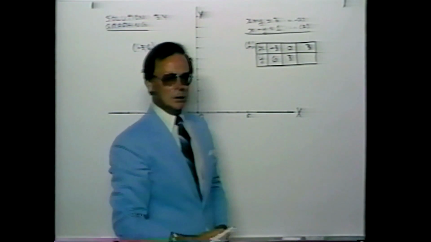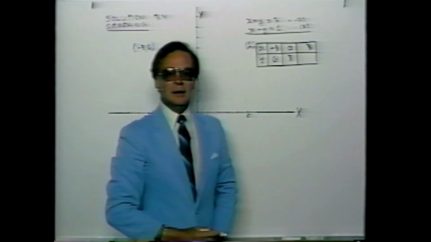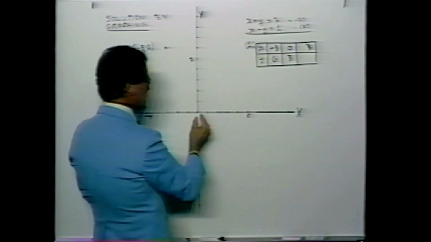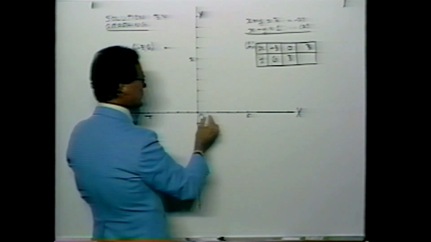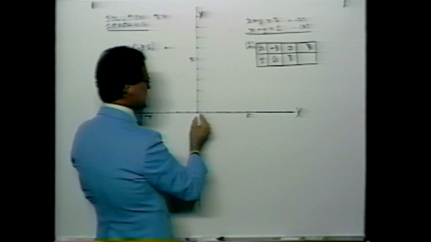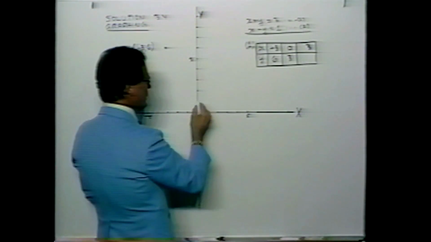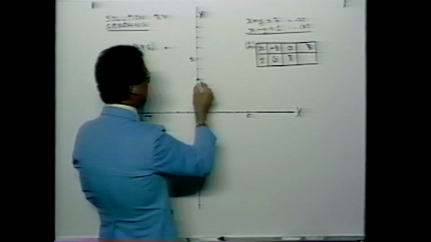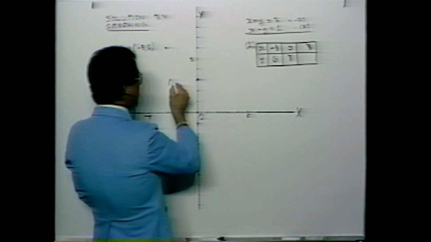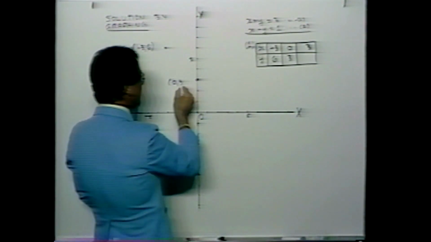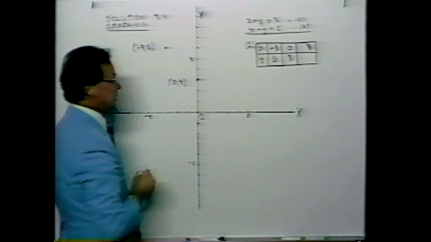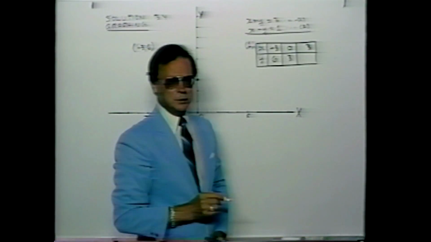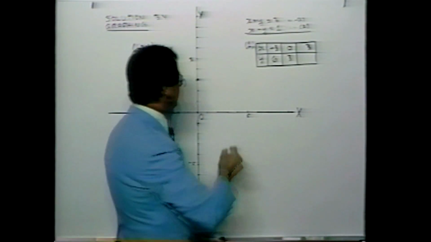We can think of those as an ordered pair and graph the point representing it. 0, 3, well, it simply means that you don't go left or right on the x-axis. You stay at 0 and go up 3 units. And here is then the point 0, 3. That's enough points to determine where that line should go.